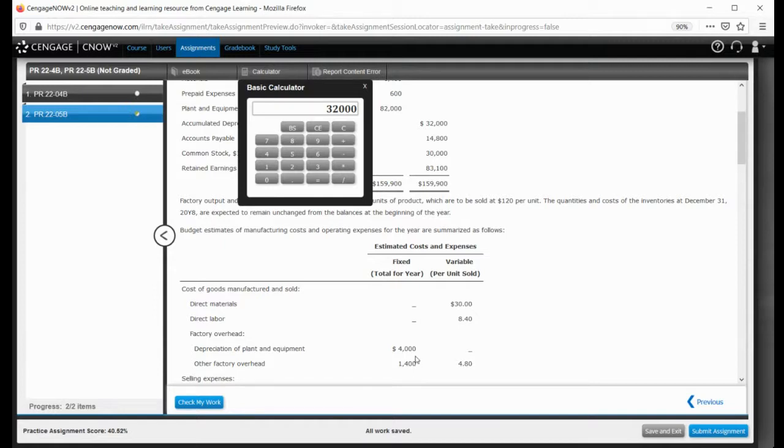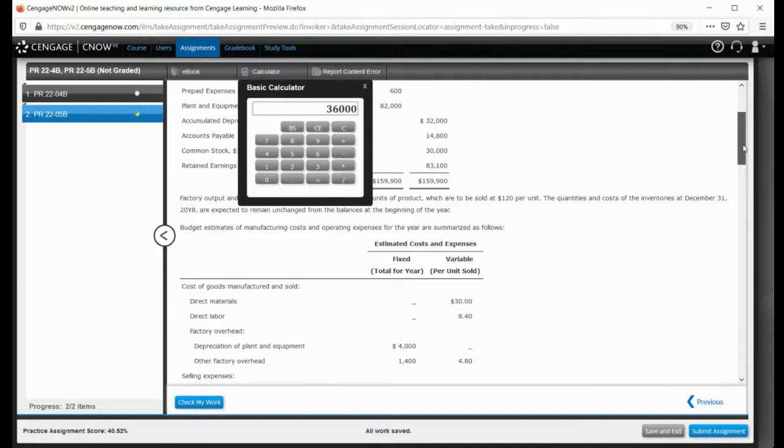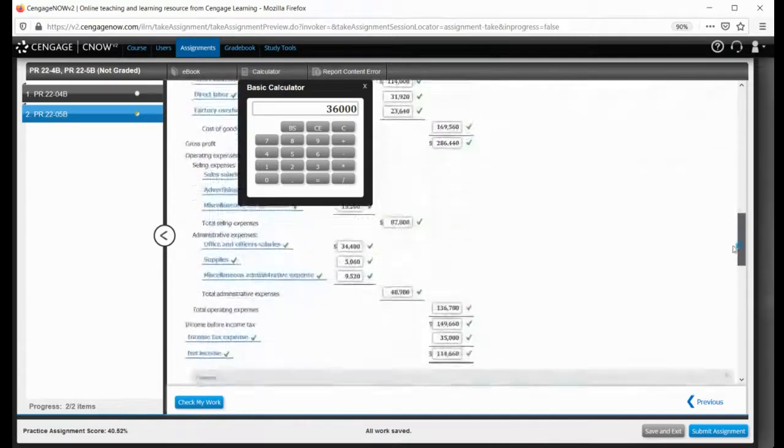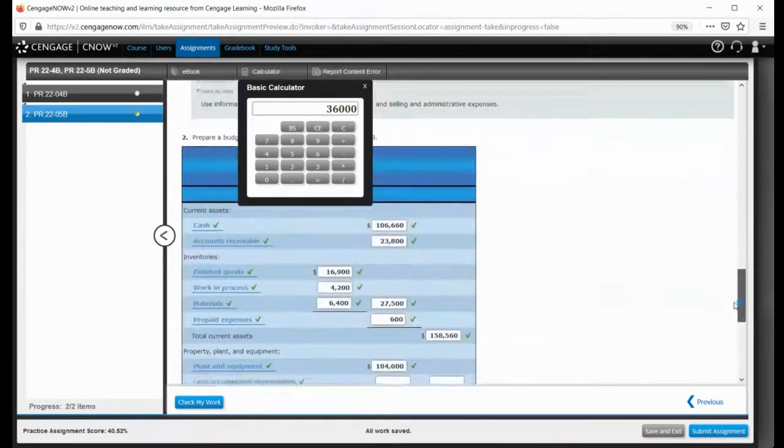When you make the adjusting entry for depreciation, you debit depreciation expense and you credit accumulated depreciation. So this 4,000 has to be added to the beginning balance of your accumulated depreciation to get your total accumulated depreciation of 36,000.